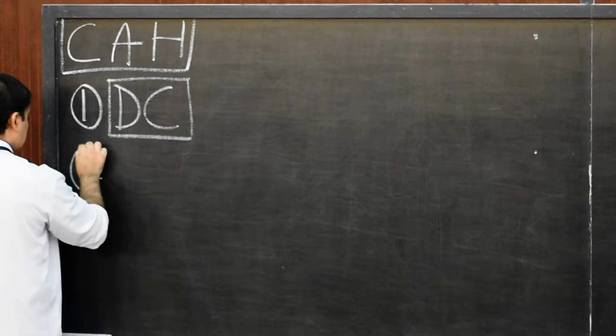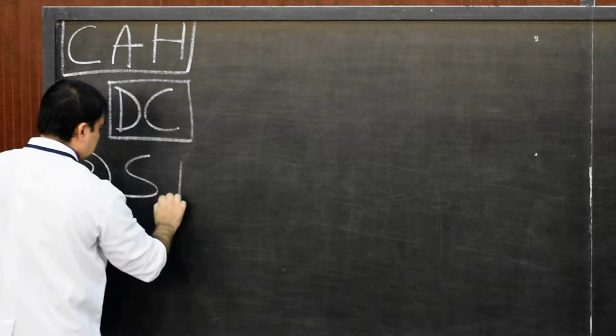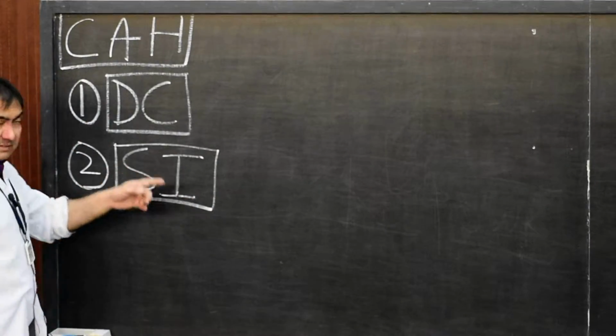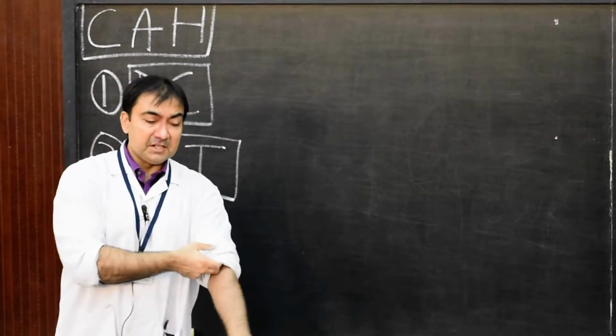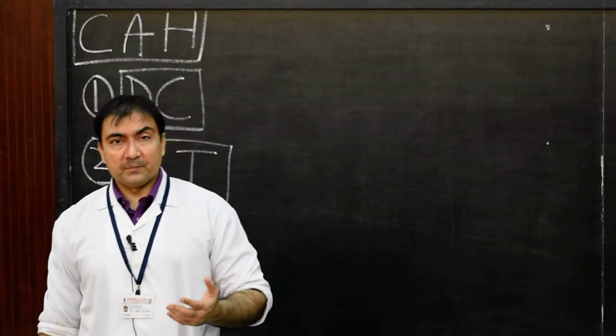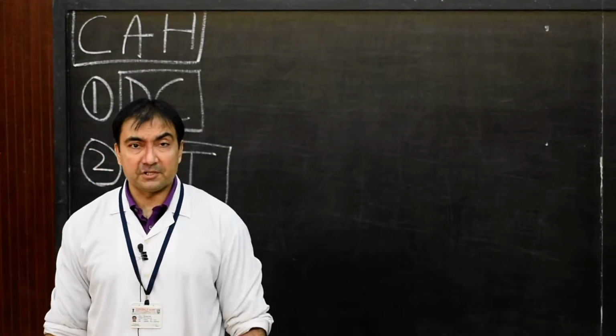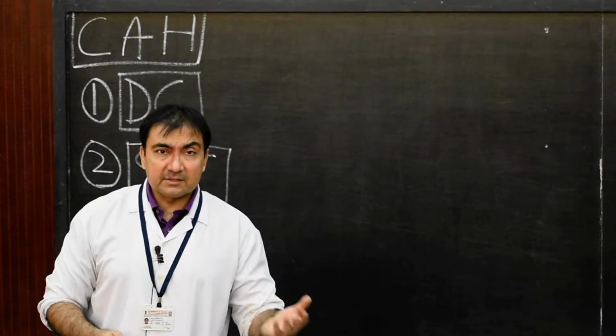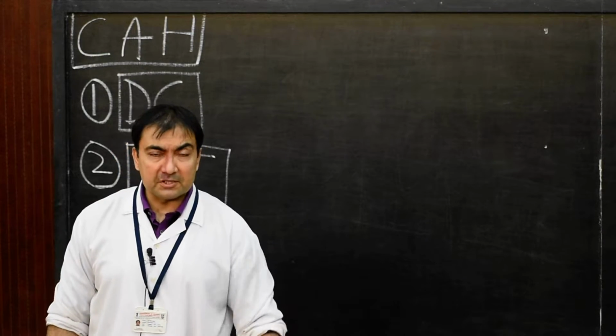Now second. This terminology, situs inversus, we have come across in GIT, if you recollect. In GIT I have explained to you the errors of rotation. Sometimes there are so many errors of rotation: reverse rotation, non-rotation, malrotation.